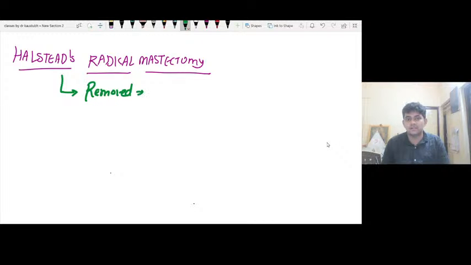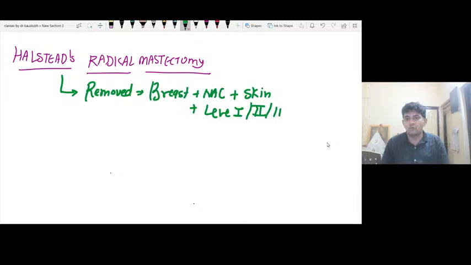The structures that are removed are breast, nipple areola complex, skin, level 1, 2 and 3, meaning additional to level 1, plus you remove pectoralis major muscle, plus you remove pectoralis minor muscle.